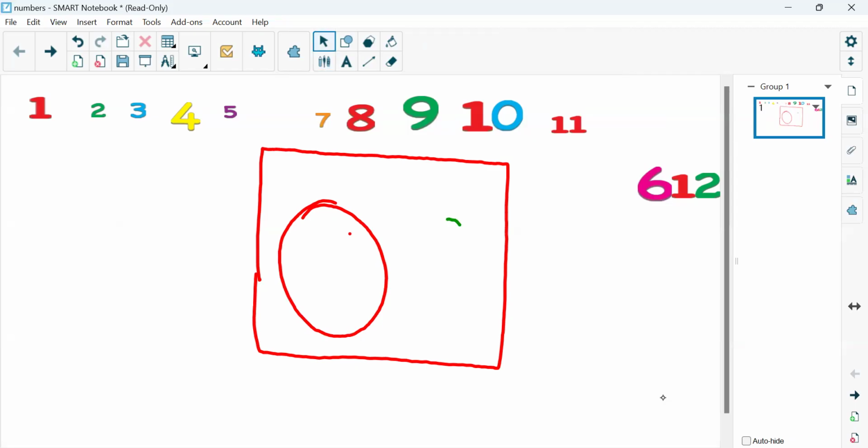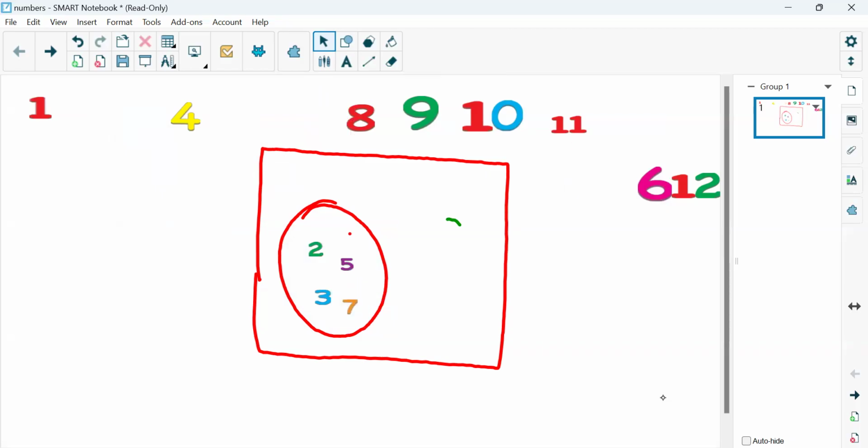Who are the people that are in A? Who are those people that are participating in A? 2, 3, 5, 7. We have 7.